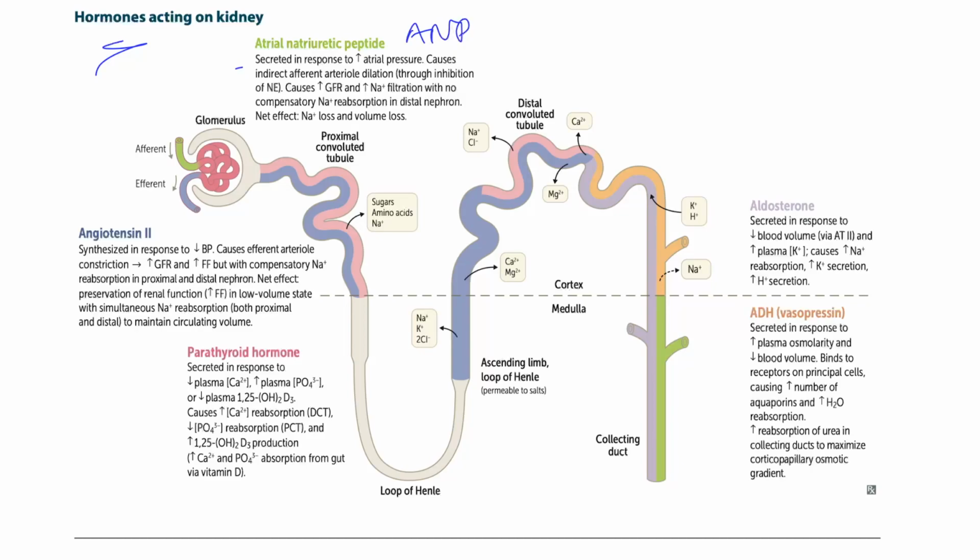Secreted in response to increase in atrial pressure, it causes indirect afferent arteriolar dilation through inhibition of the NE, causes increase in GFR and increase in sodium filtration with no compensatory sodium reabsorption in the distal nephron. Net effect is sodium loss and volume loss. ANP net effect is natriuresis and volume loss.